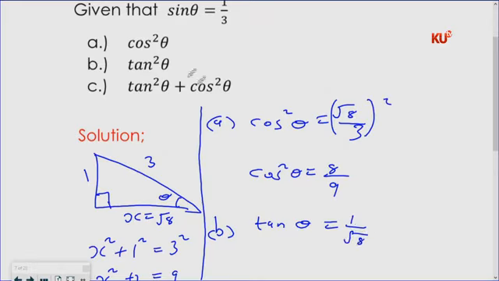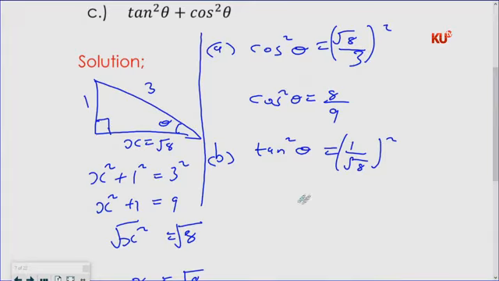But we were asked to get the square of tan theta, so you need to square this. 1 squared is 1, and the square will cancel out the square root, so I'll get 8. And that is our tan squared theta.